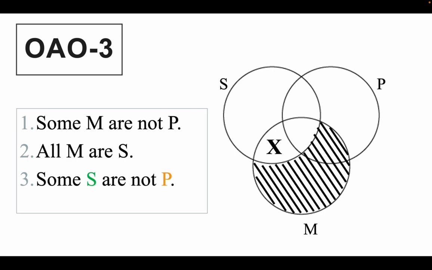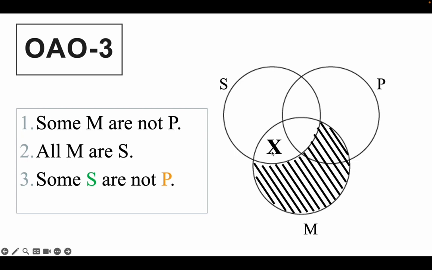In which case, you will have diagrammed some M are not P. But there doesn't seem to be any other place to place an X. For example, you cannot put the X here because this portion here, beyond this line, is no longer M. And what you want to diagram is that some M are not P. Okay?